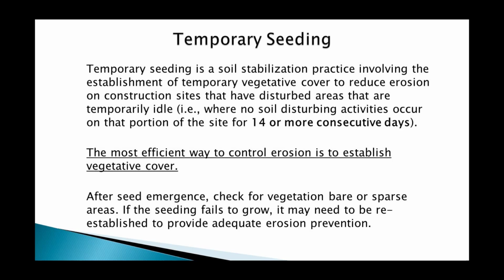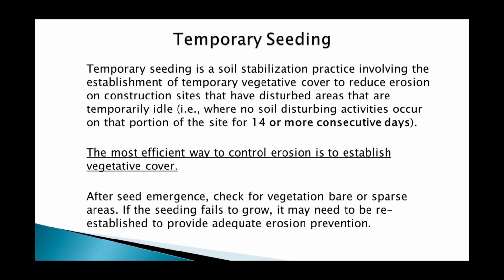And again, I want to remind everyone the most efficient way to control erosion is to establish vegetated cover. Put grass down. Grass is the best practice to prevent erosion. After seed emergence, check for vegetation, bare spots or sparse areas.